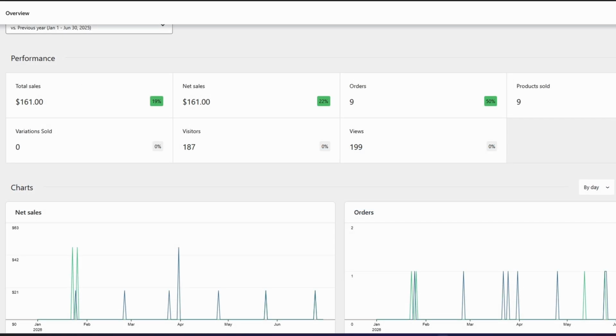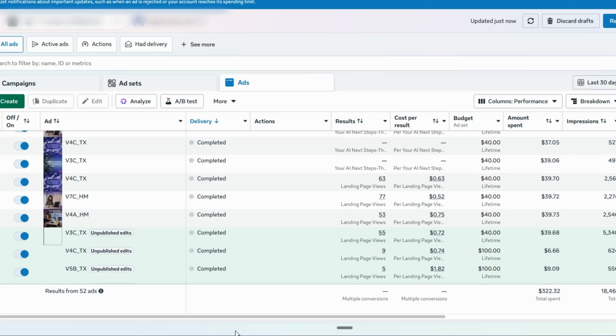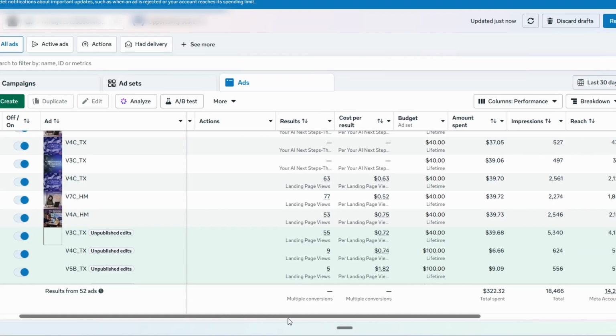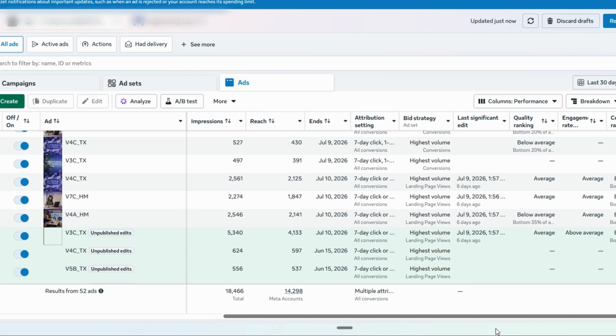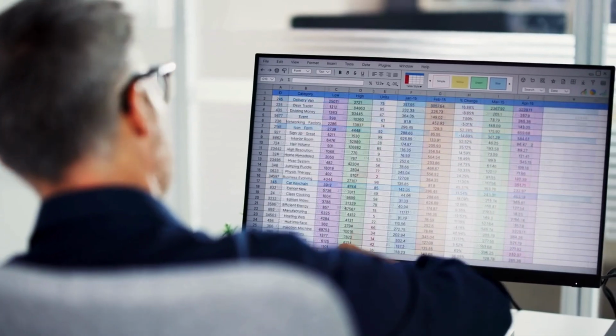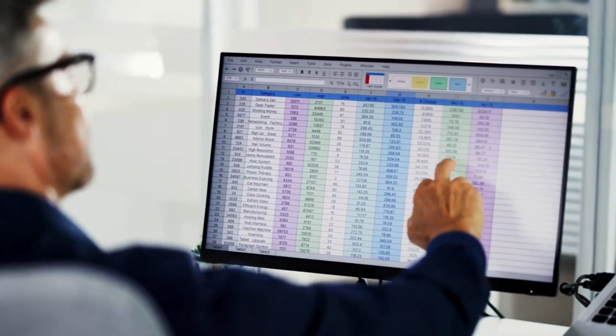Your online store, your payment processor, your CRM, if you have one, they're all sitting on the same thing, sales and customer data. Who bought what, when, and how much they spent. If you run ads, your ad platforms are sitting on performance data, what you're spending and what you're getting back for it. And if you carry any kind of stock, your inventory system is sitting on what you have, what's moving, and what's just taking up space.